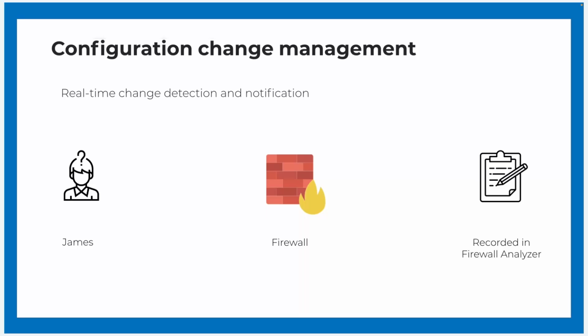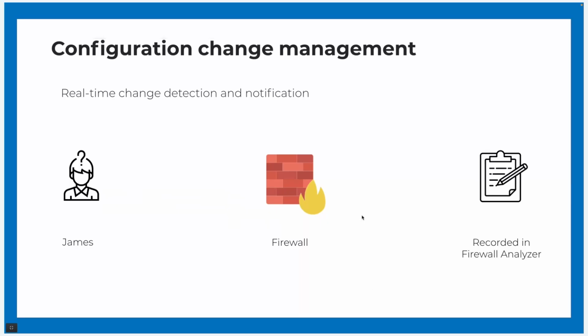So any change that has been made to the firewalls that have been added to the Firewall Analyzer does not go unnoticed. FWA does not only track who made these changes, but also when it was made, what that change was, and it also lets us look at how this change management report looks like.